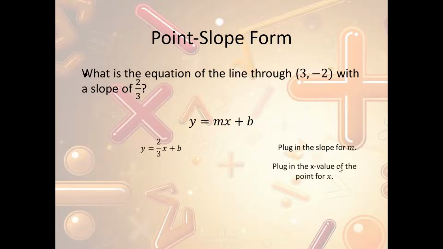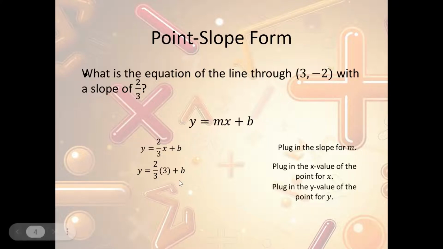Then we'll plug in the x value of the point we know, which is 3, and the y value, which is -2. And we get -2 is equal to 2/3 times 3 plus b.